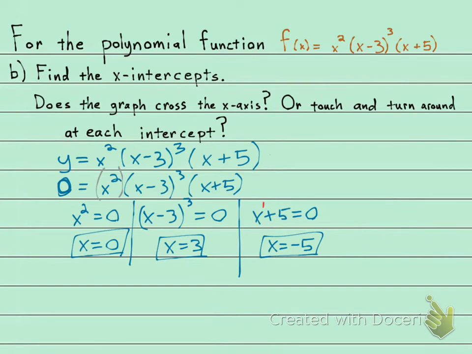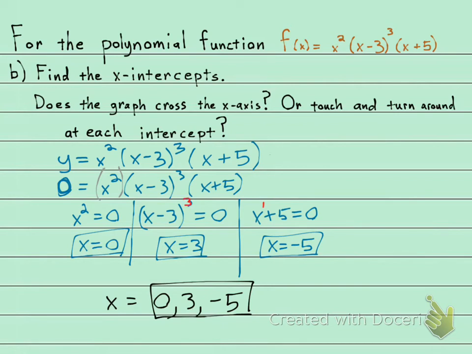The graph of this polynomial function is going to touch the x-axis at 0, 3, and negative 5. Now, which ones cross? Well, it's going to cross if you have a multiplicity that is odd. So for example, this one has a multiplicity of 3.